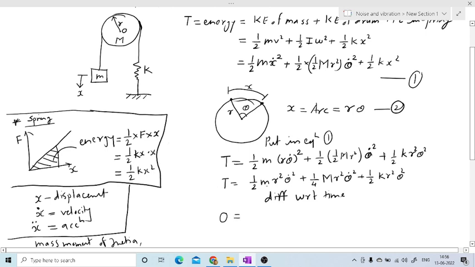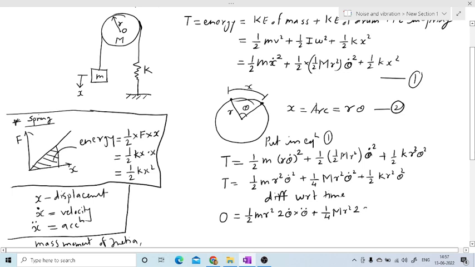Now take the differentiation of this one. 1 half, this value is constant, small m it is constant, radius of drum is constant. So all these values are constant. Now take the differentiation of theta dot square. So it is 2 theta dot into theta double dot. Differentiation of theta dot square is 2 theta dot, and the differentiation of theta dot is theta double dot. Plus similarly we will write for the remaining one, 1 half capital M r square, this is the constant.